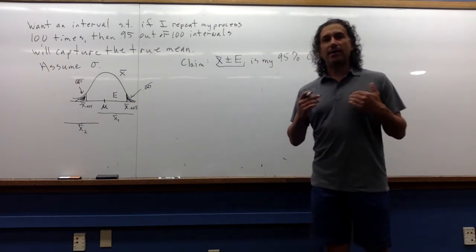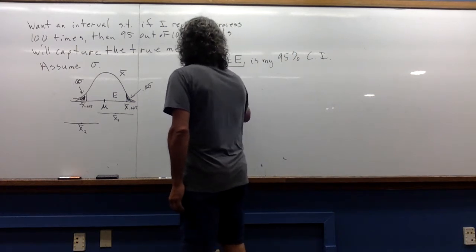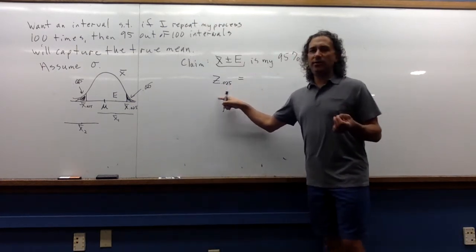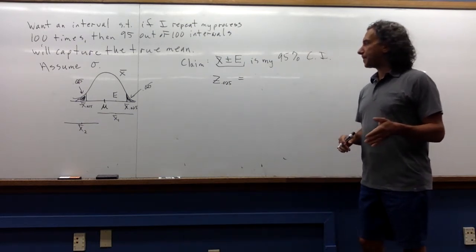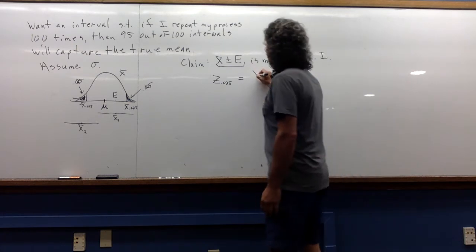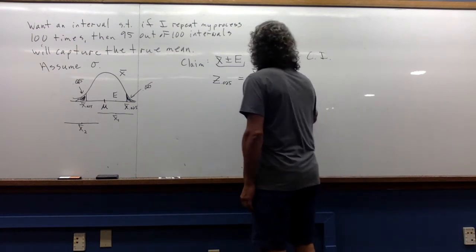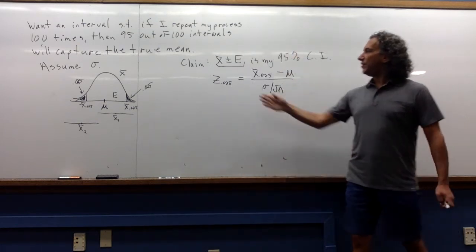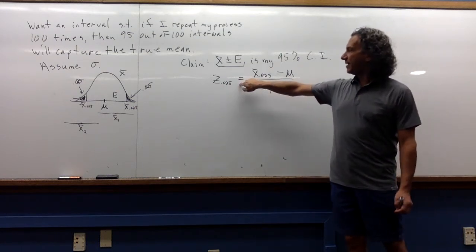Central limit theorem comes to the rescue. So let's see how. So z sub 0.025, again, this is that value that cuts off the top 2.5%. z sub 0.025 is x bar sub 0.025 minus mu over sigma over root n. So a couple of things. This is the central limit theorem. Again, I'm a scientist now.